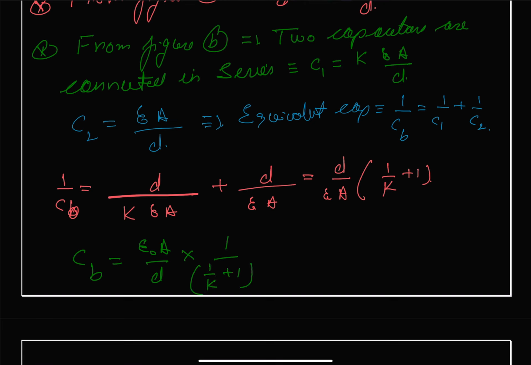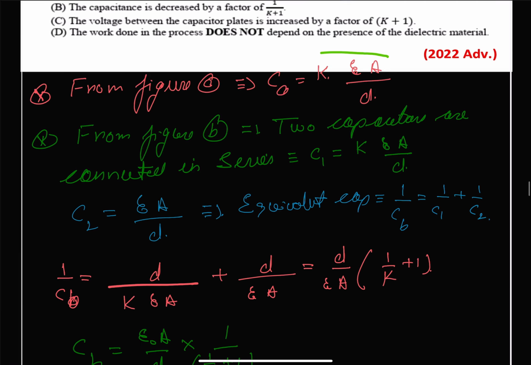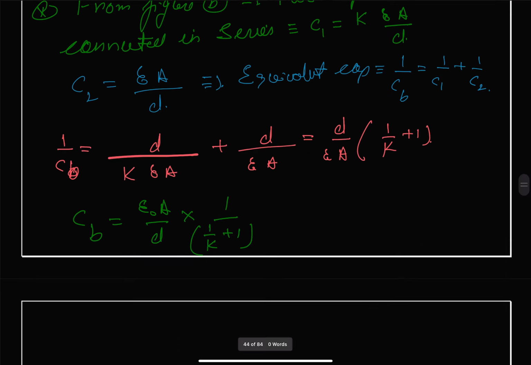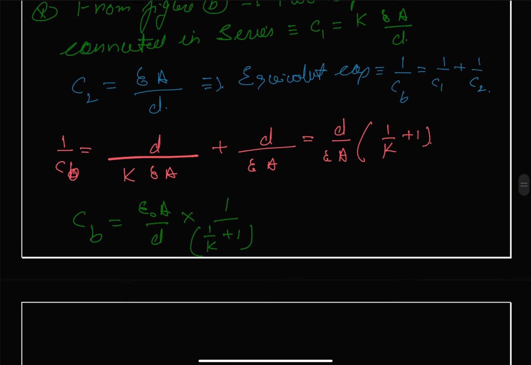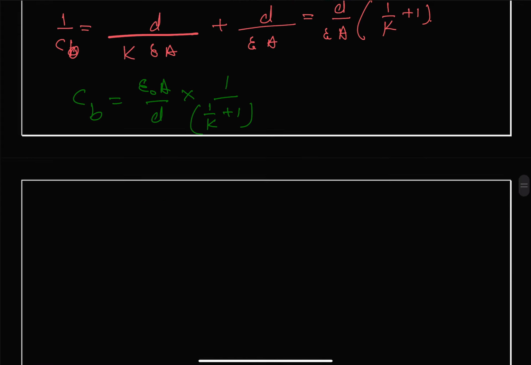And from before, CA is K epsilon naught A upon D. So we can find their ratio, CB upon CA.